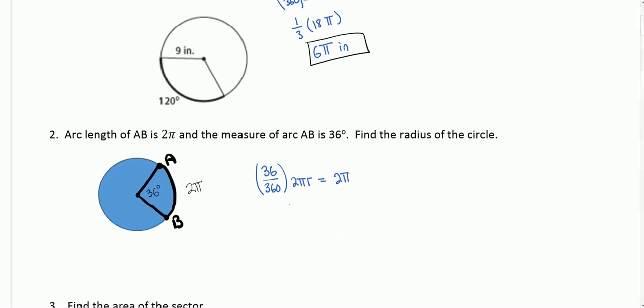If I divide both sides by 2 pi, I get 36 over 360 times r is equal to 1. If I reduce that fraction, I get 1 over 10 r equals 1. And then multiply both sides by 10, you get r is 10. It doesn't give us units, so I'm going to say 10 units.